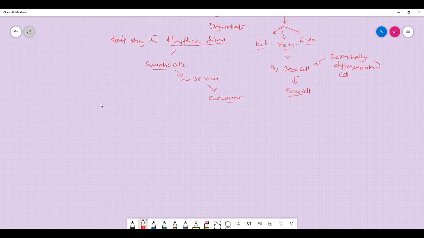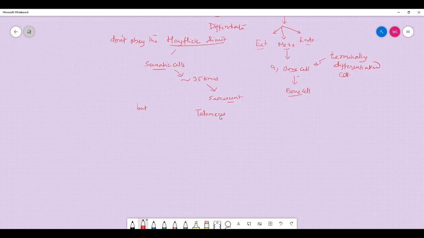But stem cells don't follow the Hayflick limit. So the question is, why do somatic cells become senescent after 35 divisions? It is because they have got telomeres.